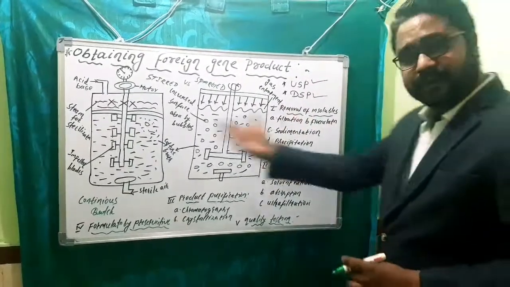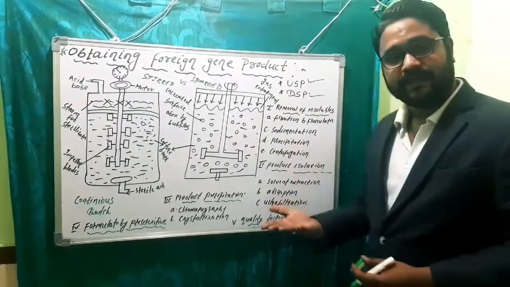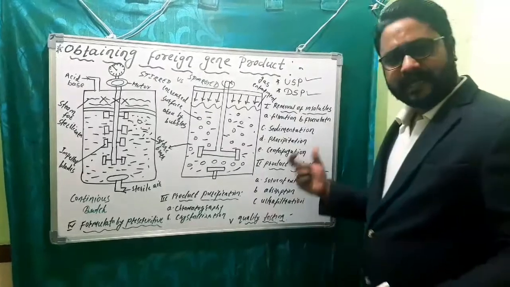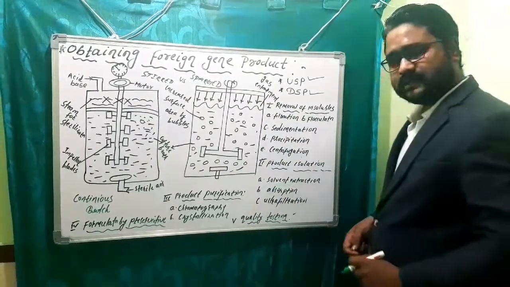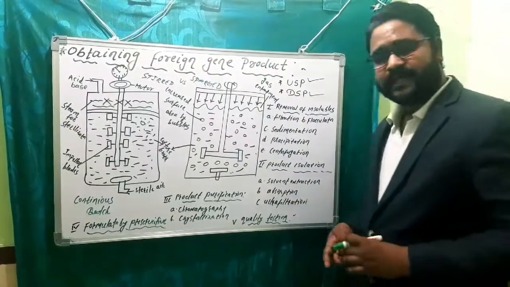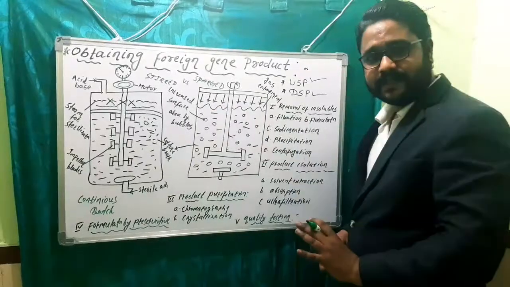Then the product which is separated from these insolubles has to be isolated. Now how will we isolate it? There are these methods for product isolation: solvent extraction, absorption, and ultrafiltration. So how is solvent extraction done? Suppose this is one liquid in which our product is present after filtration.